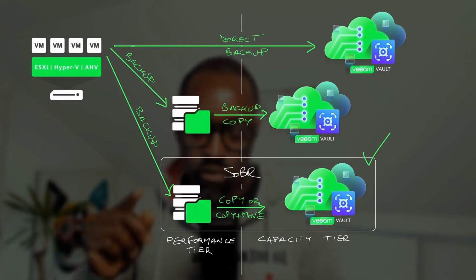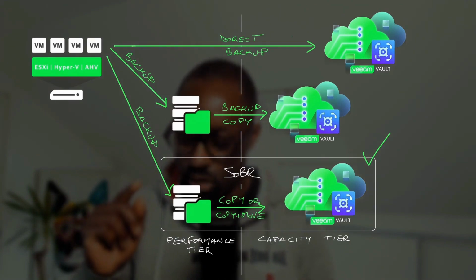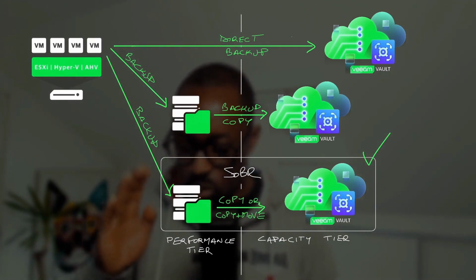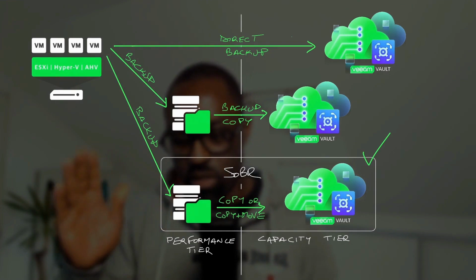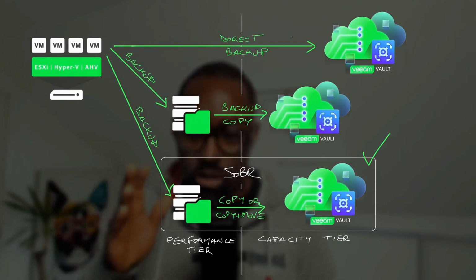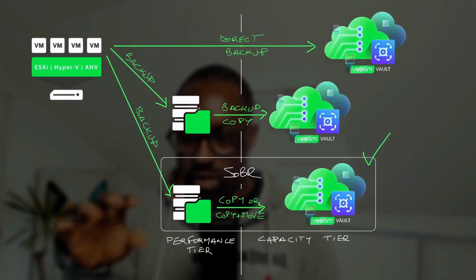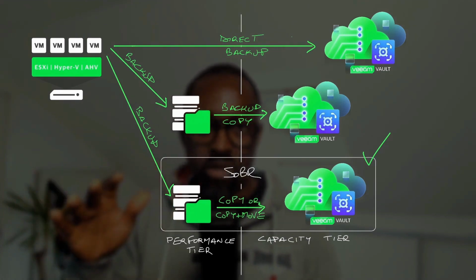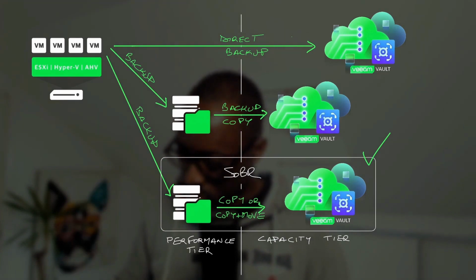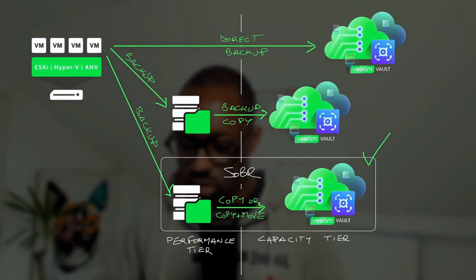Just a quick note about the Vault before moving on to the demo. Currently at Veeam, there are 2 editions of the Vault, a Foundation edition and an Advanced edition. I won't go into too much detail in this video so as not to make the demo longer, but there is a difference in pricing.